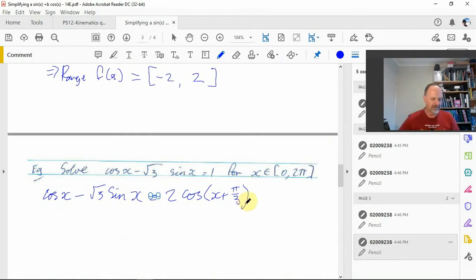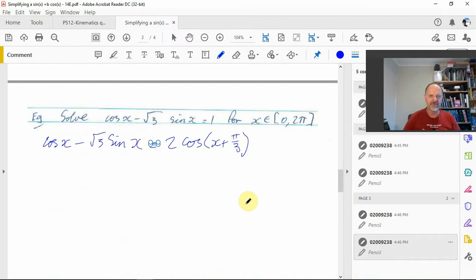So if cos x minus root 3 sin x simplifies to 2 cos(x + pi on 3), and cos x minus root 3 sin x is equal to 1, that means that 2 times cos(x + pi on 3) must also equal 1.